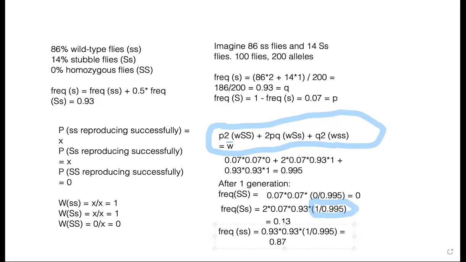If Shepard took this population and simply left it alone, then after 1 generation, we would expect to see the frequencies of genotypes go from 86% wild type and 14% stubble to 87% wild type and 13% stubble. Okay, not an enormous change, but certainly one we could measure, certainly one we could test experimentally.